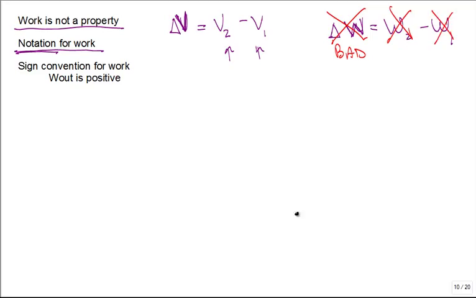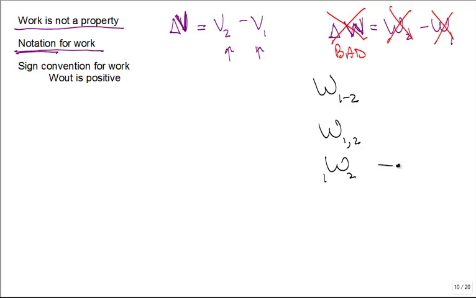What we have to do is say work from 1 to 2, or work 1 comma 2, or work 1 to 2. Not work at state 1 and work at state 2, because work is not a point function. It depends on the path, how F varied as the system changed.